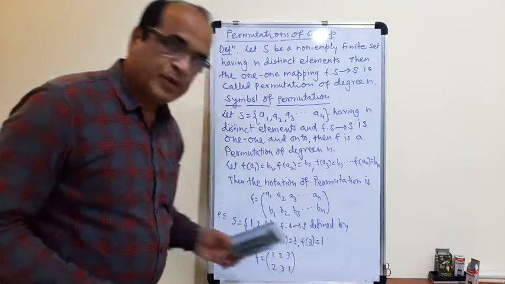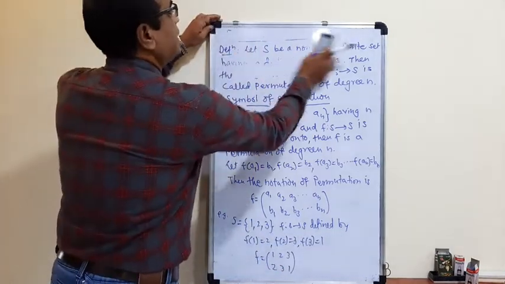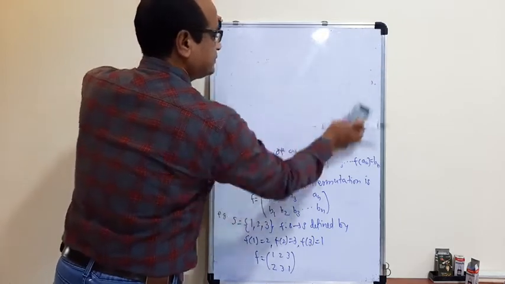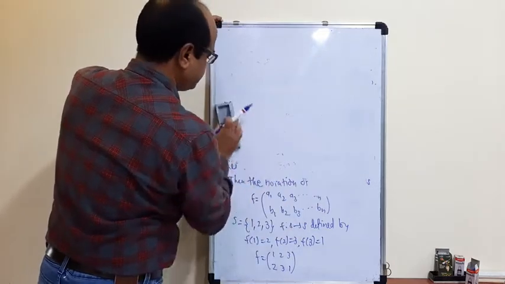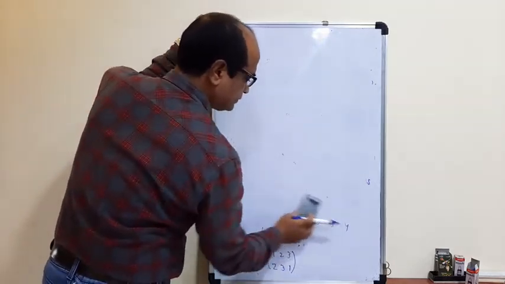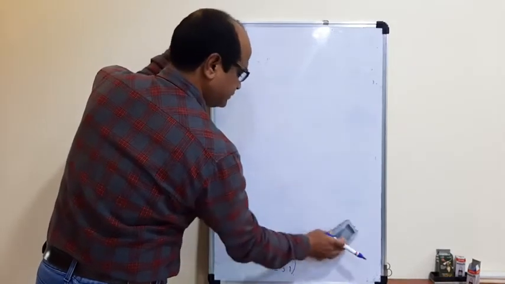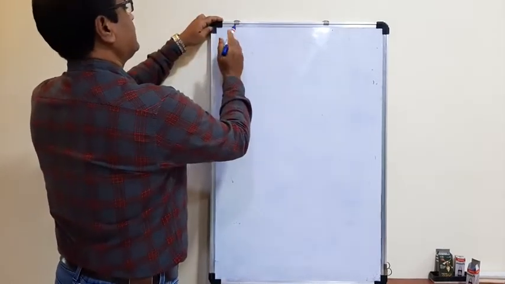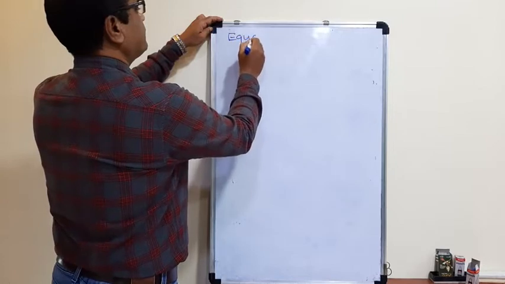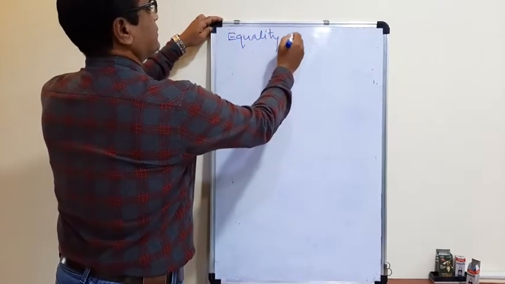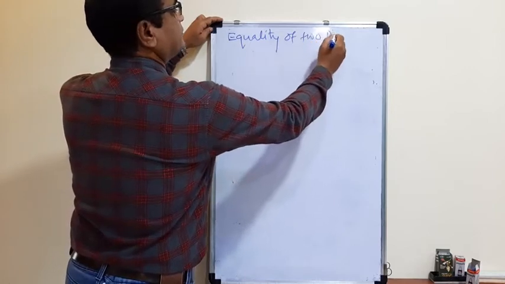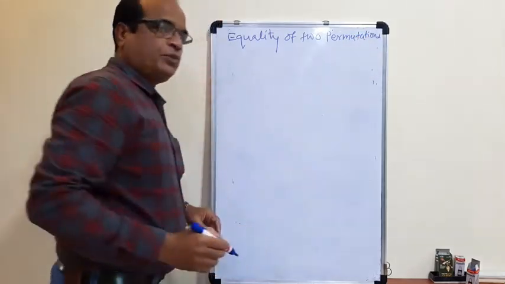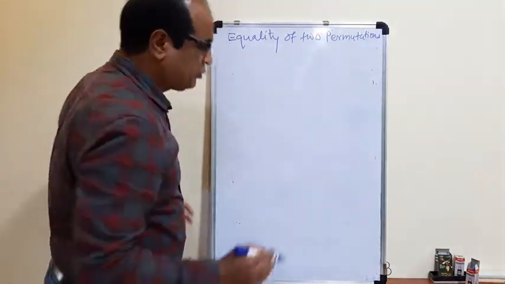So what is the equality of two permutations? When are two permutations equal?